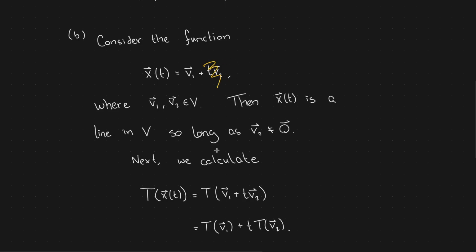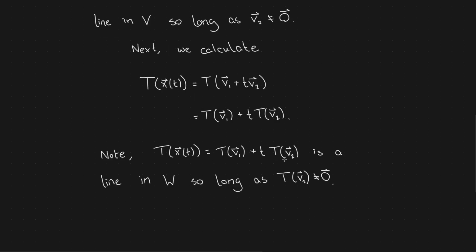And so this term would entirely go away and we just have a vector that points to a specific point. So we're just getting a point. Same thing here. If the transformation of v2 is the zero vector, well then our direction vector isn't actually pointing anywhere and this whole term goes away. And so then in that case, we would just have a point on the line. So if T v2 is the zero vector, then T of x of t is just a point in W.